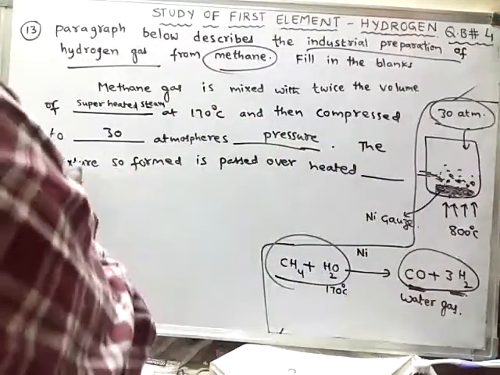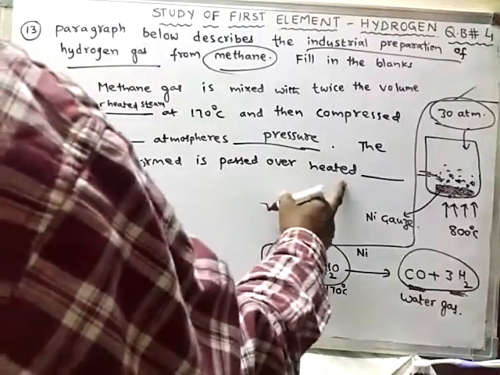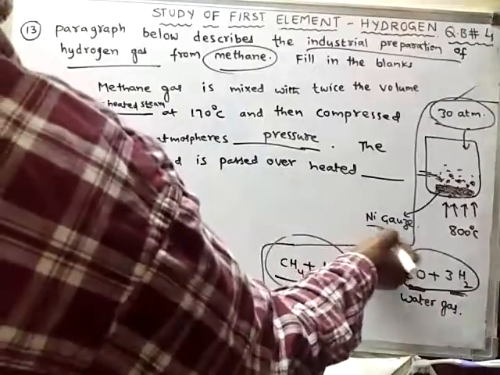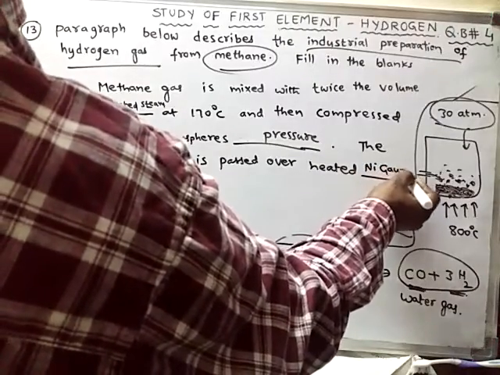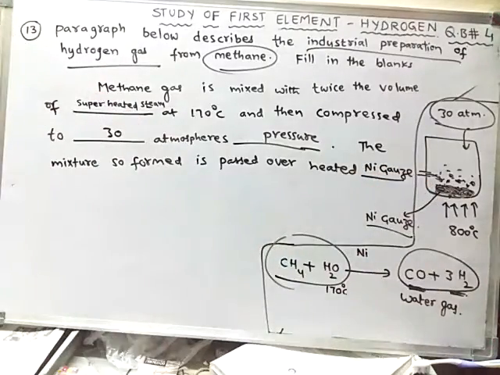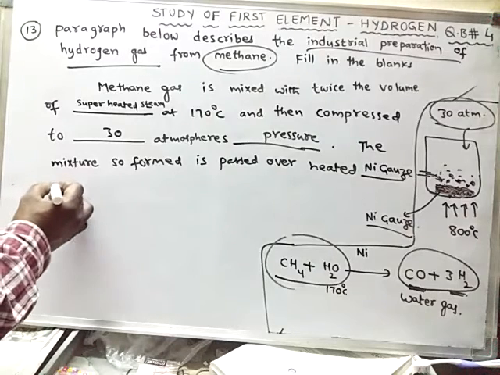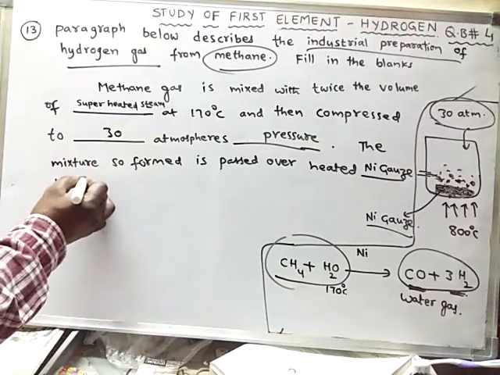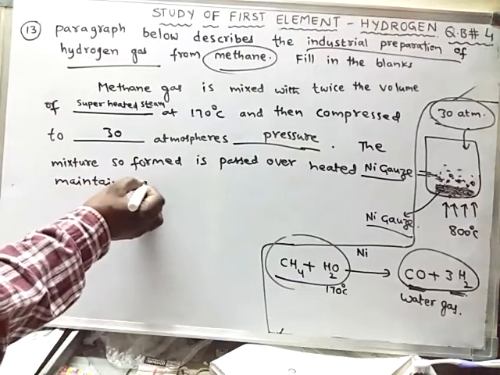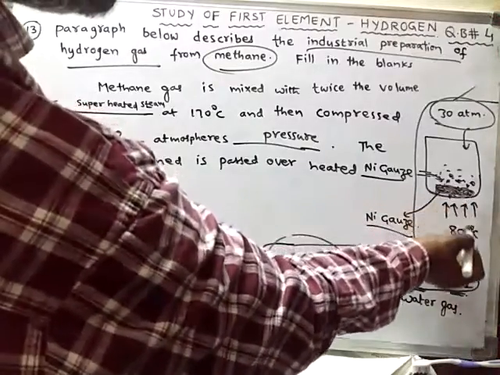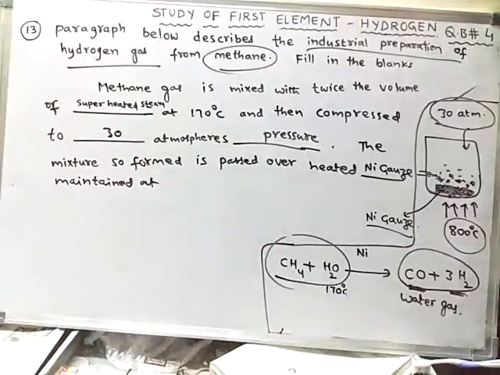So the mixture so formed is passed over heated what? Nickel gas, or else nickel wire. See, this nickel gas is maintained at 800 degrees centigrade.